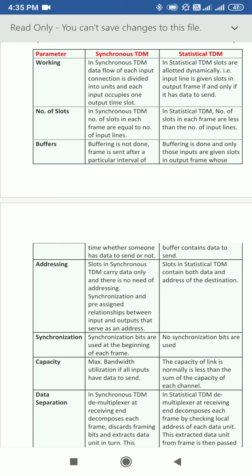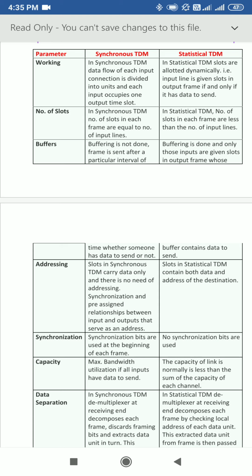But in statistical, it is not compulsory that for every input time slot there should be an output time slot. It depends on whether the input time slot has any data to send. If the input time slot has data to send, then only at the output side will it have a time slot.